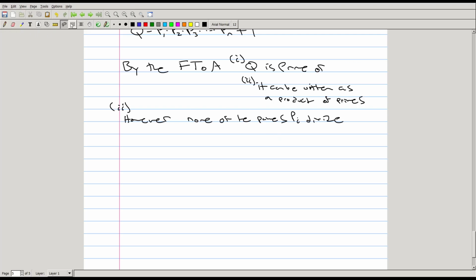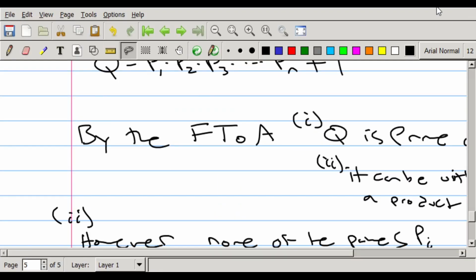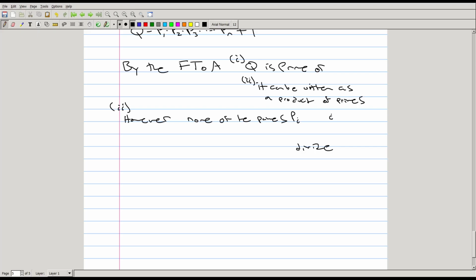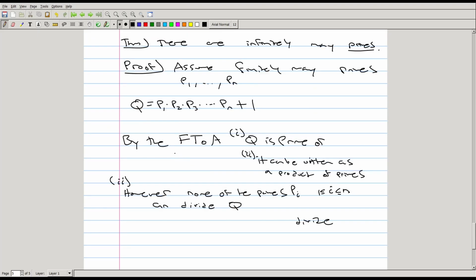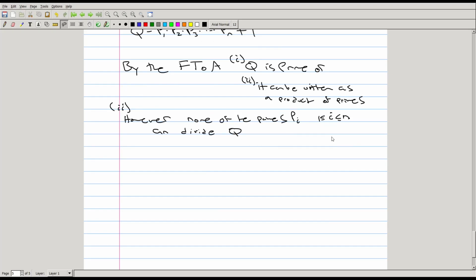So none of the primes Pi, where i is between 1 and n, can divide Q. This is by construction, because Q is equal to the product of all of the prime numbers plus 1.